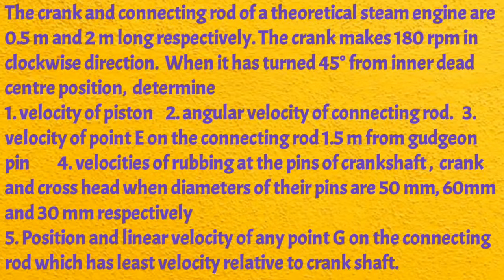When it has turned 45 degrees from the inner dead center position, determine the velocity of piston, angular velocity of connecting rod, velocity of point E on the connecting rod 1.5 meter from the gudgeon pin, velocities of rubbing at the pins of the crankshaft, crank and crosshead when the diameters of their pins are 50 mm, 60 mm and 30 mm respectively. Position and linear velocity of any point G on the connecting rod which has the least velocity relative to the crankshaft. So this was the given question.